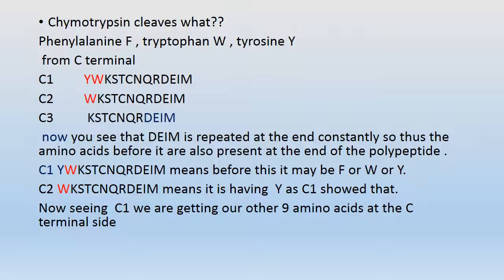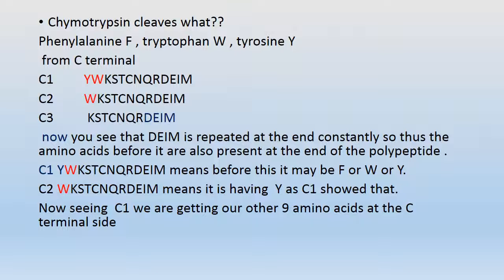And secondly, what we are seeing is that DEIM is repeated at the end in every fragment obtained by chymotrypsin. So it means that DEIM is present at the C terminal of the polypeptide, right? So the amino acids that are between phenylalanine, tryptophan and tyrosine are also present at the C terminal of the polypeptide, right?